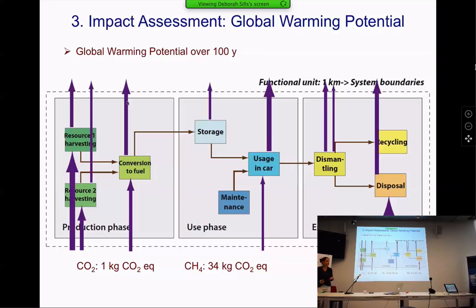And NOx, this is an example where we have a characterization factor of 0. N2O, on the other hand, has like 290. Problem with agriculture. Questions about that? Yes.